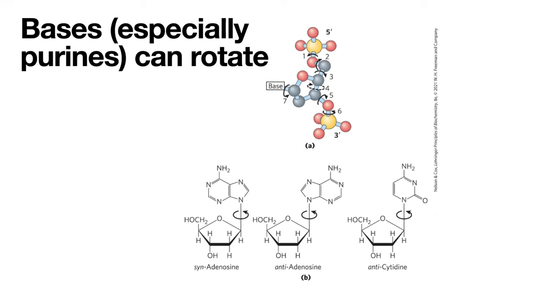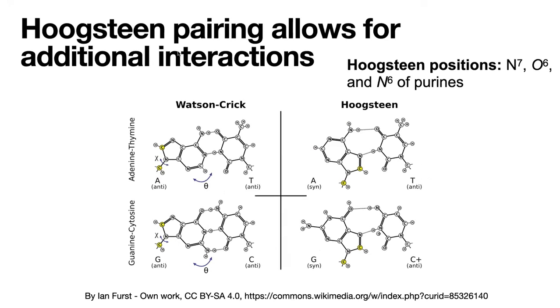When we have these flipped conformations, well, now we can actually get different base pairing interactions. So our canonical interactions were going to be our Watson-Crick or our WC interactions, and they were happening on this WC face. But we also have this additional face, these Hoogsteen positions. The Hoogsteen positions are going to involve the nitrogen in the smaller ring of your purine.